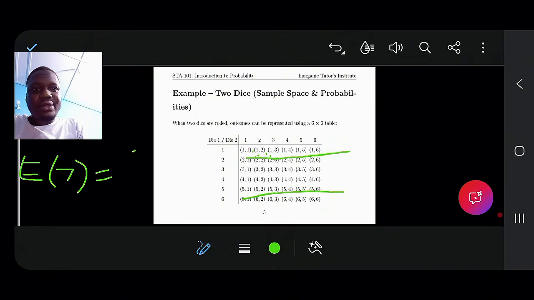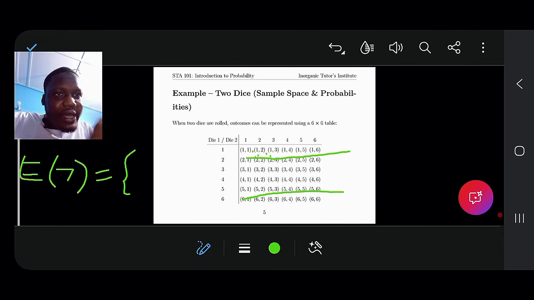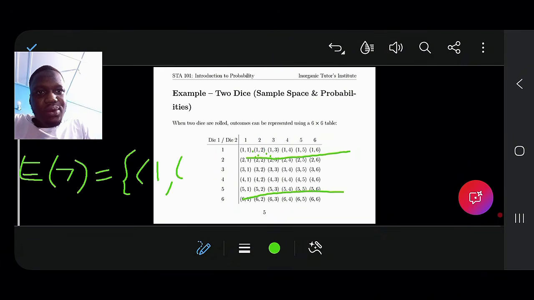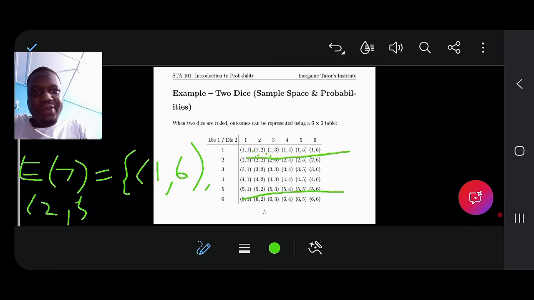Event of 7 can be obtained from, taking the first row, 1 6 gives us a sum of 7. So this is what we do, 1 6. Then that's it for the first row. None of them will give you a sum of 7 again. Now checking the second row, 2 1 doesn't, 2 2, 2 3, 2 4, 2 5 gives us a sum of 7, 2 5.